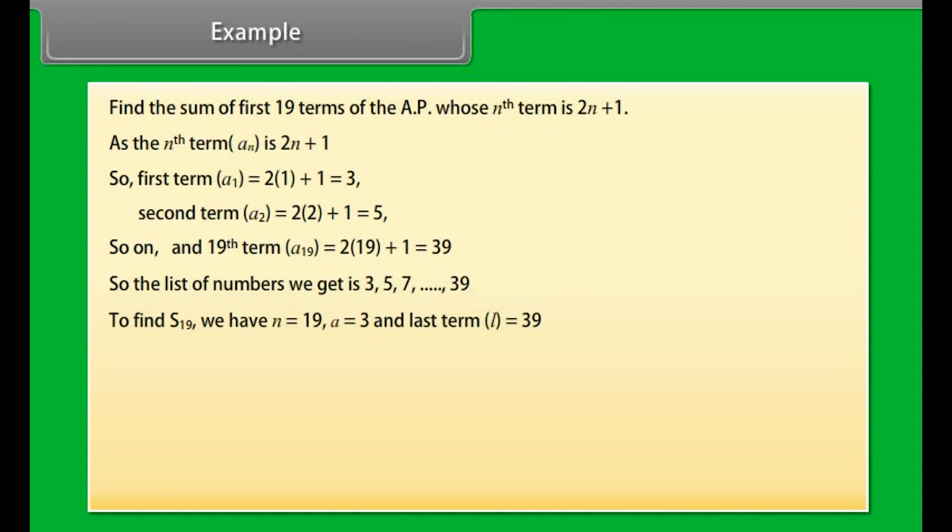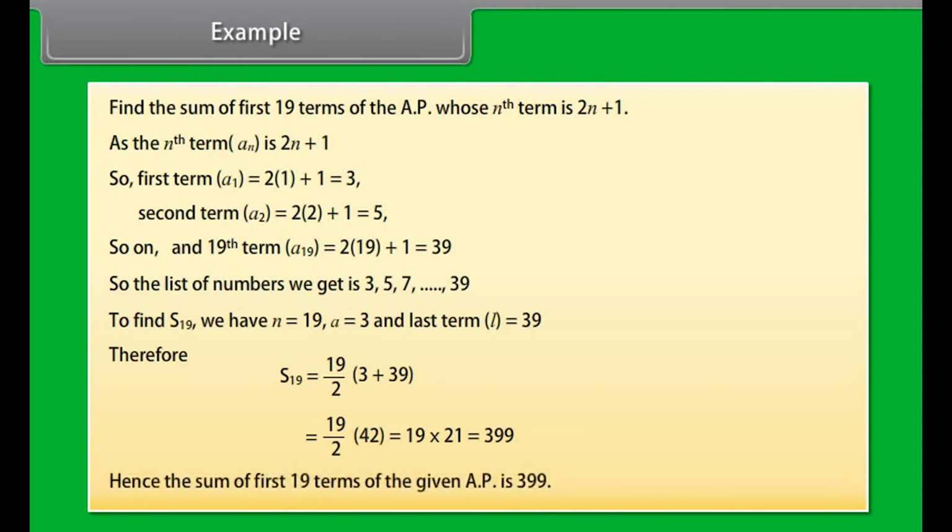Now to find S19, we have n as 19, a as 3, and l as 39. Therefore, S19 is equal to 19 upon 2 into 3 plus 39. This is equal to 19 upon 2 into 42, which equals 19 into 21, which is equal to 399.